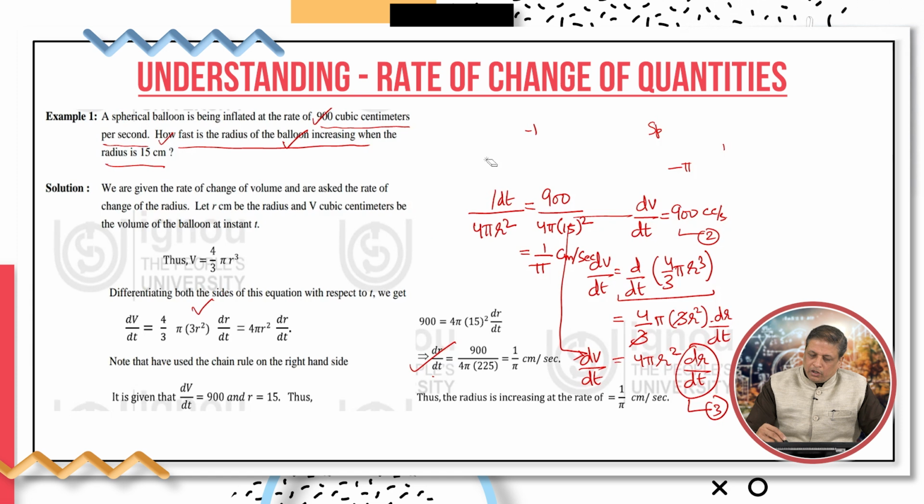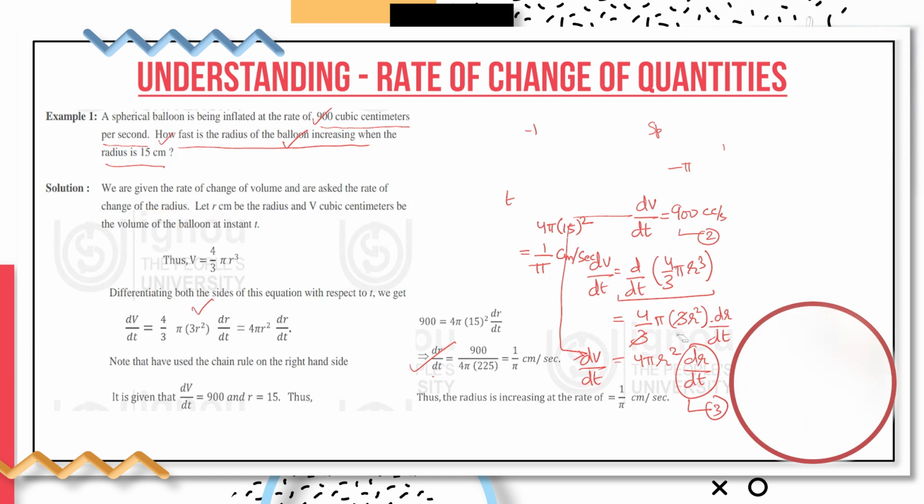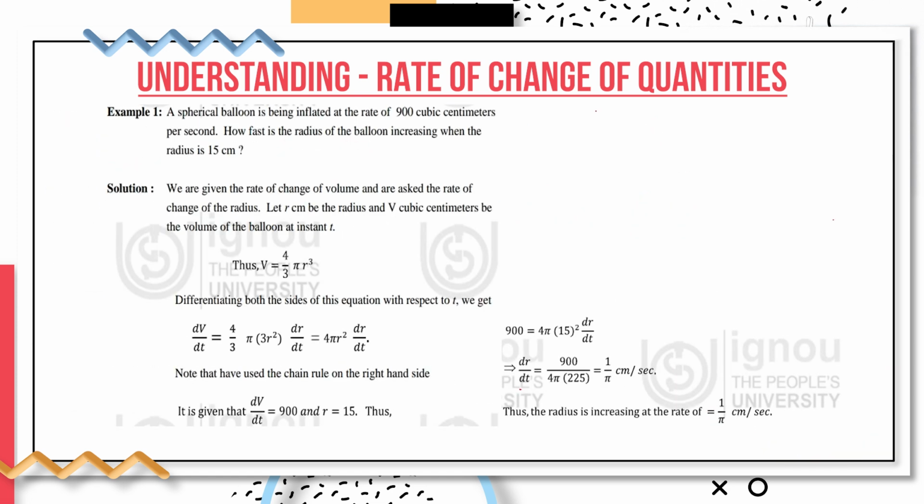Now, let me further extend the understanding. We are given dV by dt equal to 900 cubic centimeters per second, and we calculated dr by dt equal to 1 by pi centimeter per second.